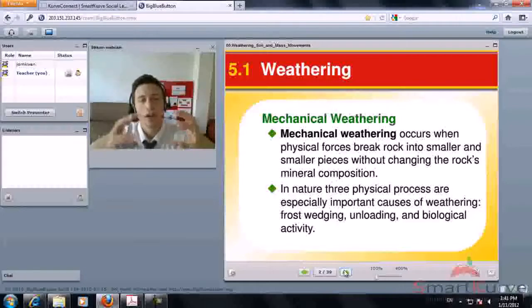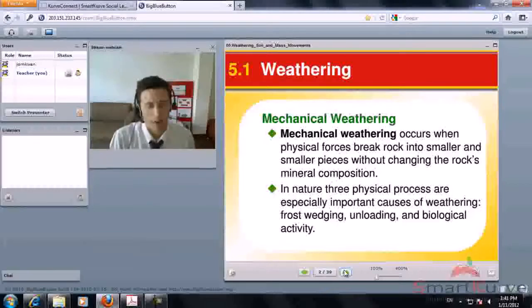So things that are large and complex break down into small, simple things. Now, when we talk about things breaking down, this can happen one of two ways. We can have two types of change here. That could be a physical change or a chemical change.